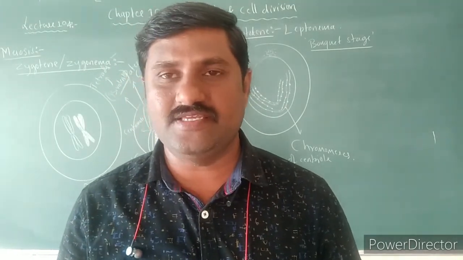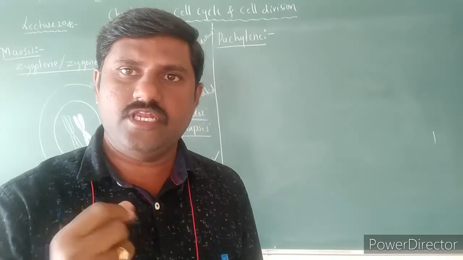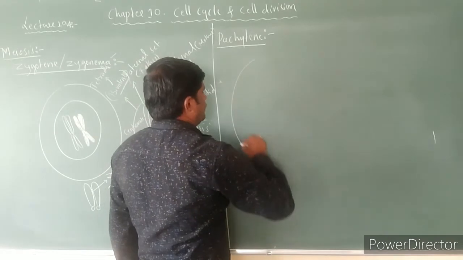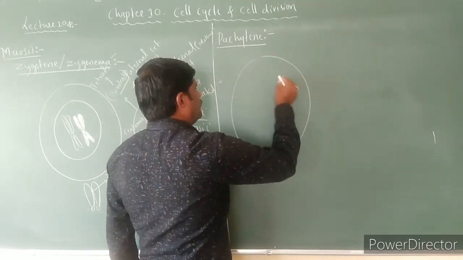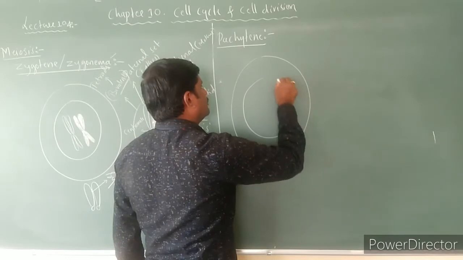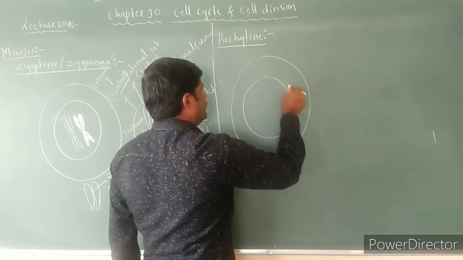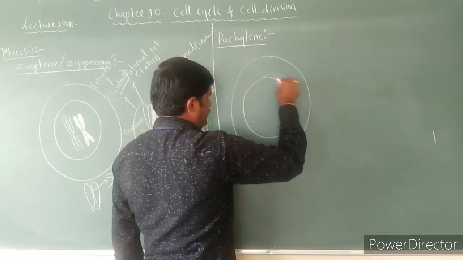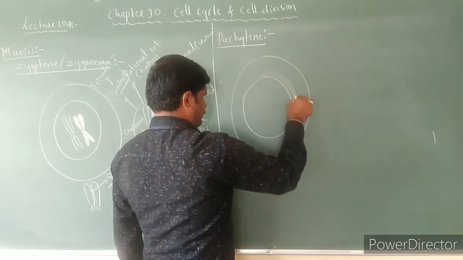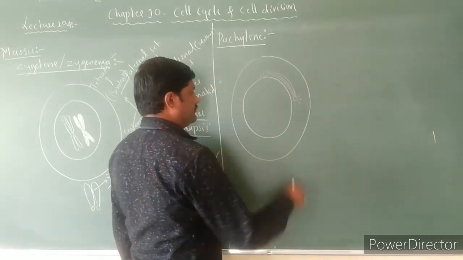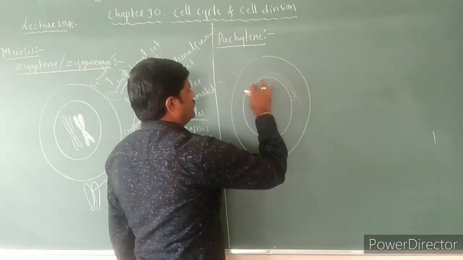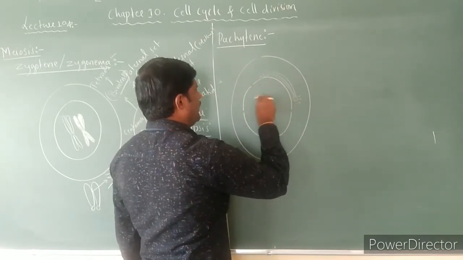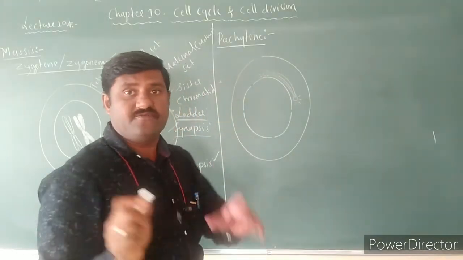And the next one is packaging. In packaging, see here, if this is the cell, the gradual movement of the centrioles is taking place, and the gradual movement of the spindle fibers is going on from each aster. It is quite natural. This is the nucleus, inside which I have taken a pair of homologous chromosomes.